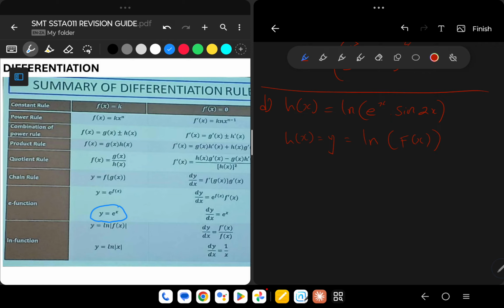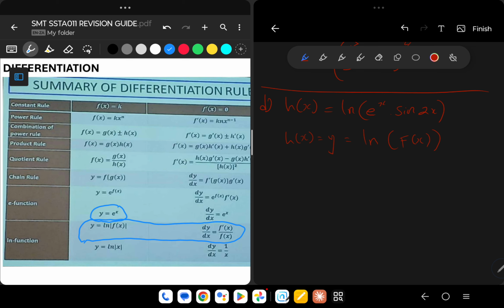This means we're gonna use this ln function to deal with that question. Although there are other methods, the easiest and simpler way is to use this ln function.